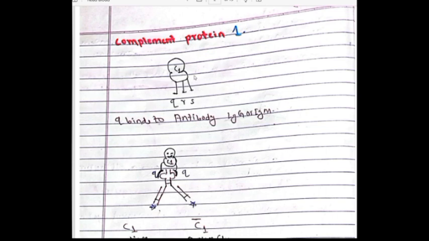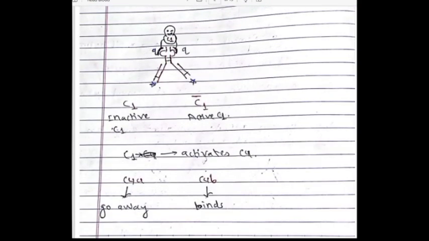Now let us discuss complement protein 1. There are three subunits of complement protein 1, which are Q, R and S. Out of these three, Q binds to antibody, that is IgG or IgM. Inactive complement protein is represented by C, but C bar indicates active complement.